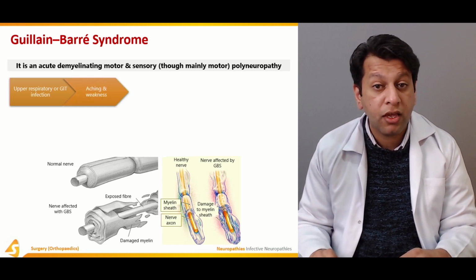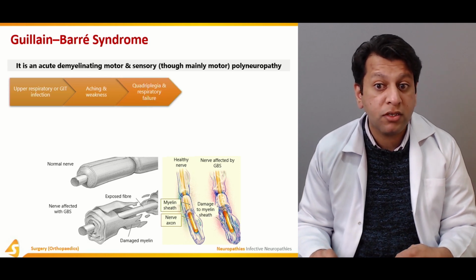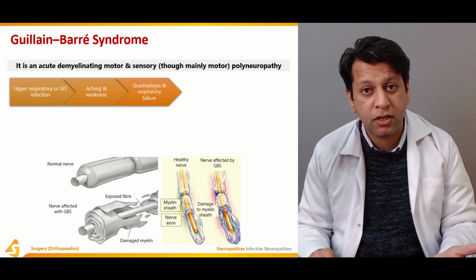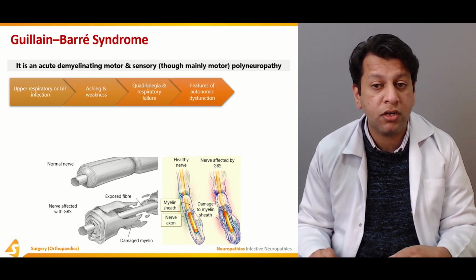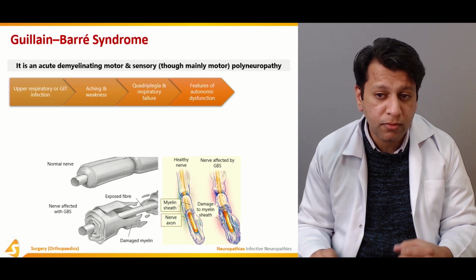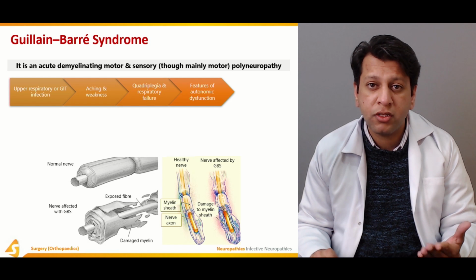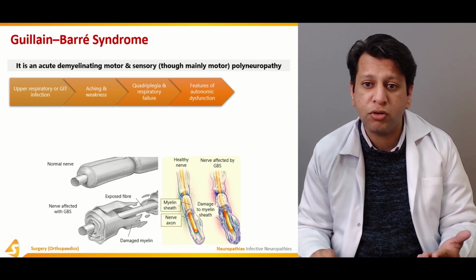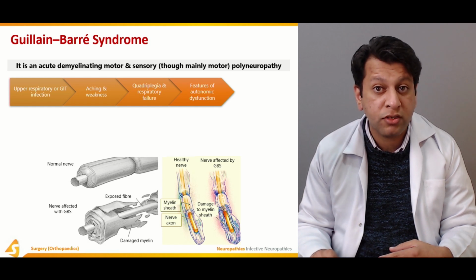There may be aching and weakness due to neuropathy. There may be quadriplegia and respiratory failure. Sometimes the attack can be so acute that it eventually results in quadriplegia or respiratory failure. Since it's a polyneuropathy, sensory and motor, as well as autonomic functions may also be lost, leading to features of autonomic dysfunction.